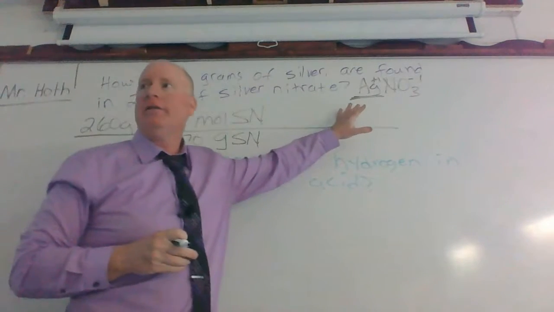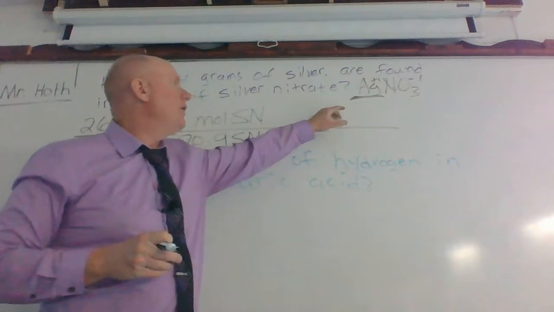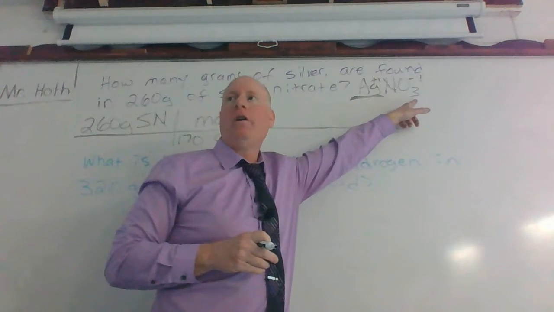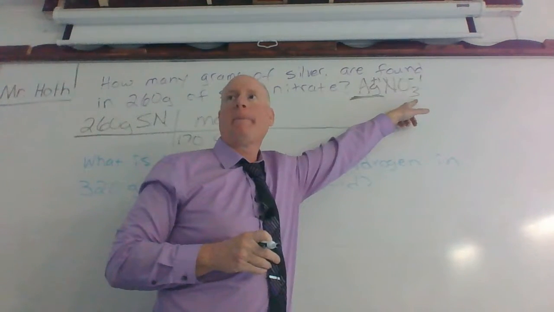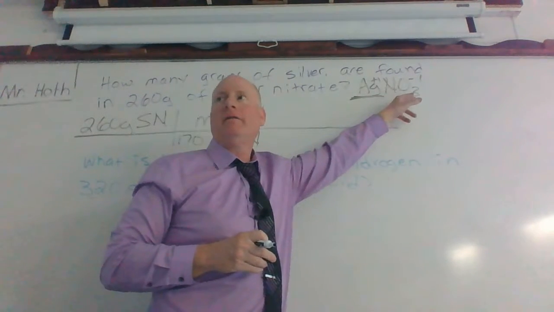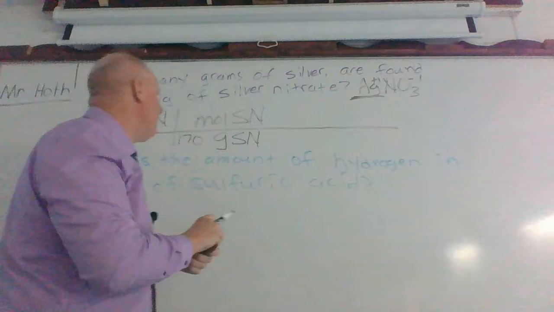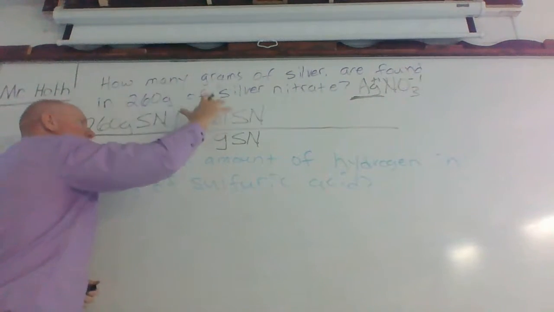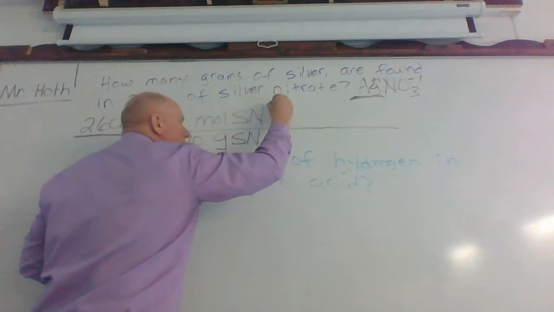About 107? 107 plus 14 plus how much for all those oxygens? 16, 16, and 16 is 48. All of them added together gives you 170. Now, remember, we're just in moles of silver nitrate.